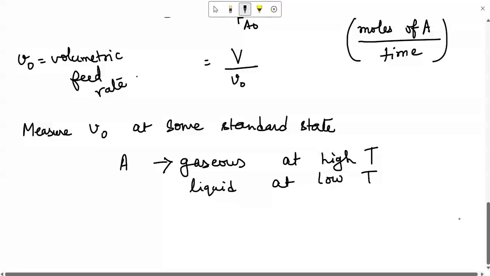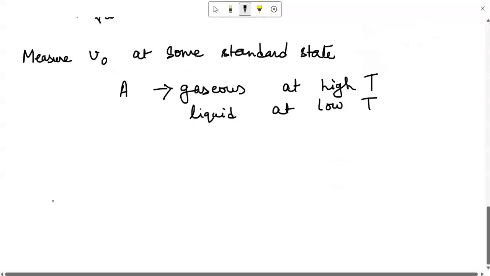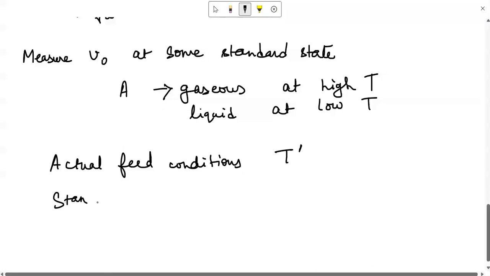So the relation between space velocity and space time for actual feed conditions and standard conditions can be related. Now how do we relate those? Let's say actual feed conditions are denoted by T only, and standard feed conditions by T dash.